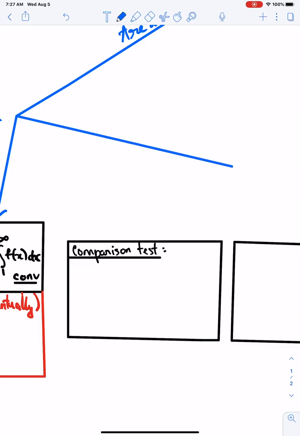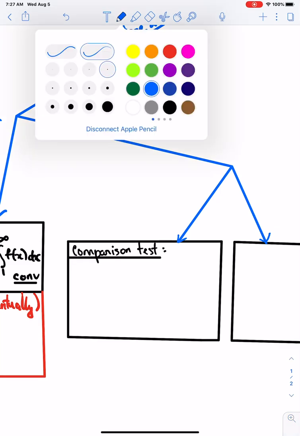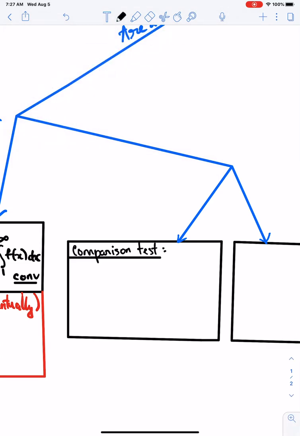So you want to ask yourself: does the series resemble the p-series or the geometric series?